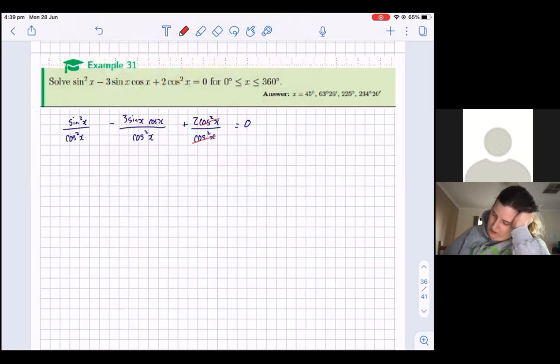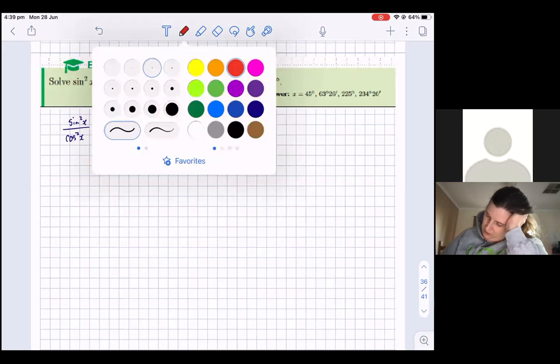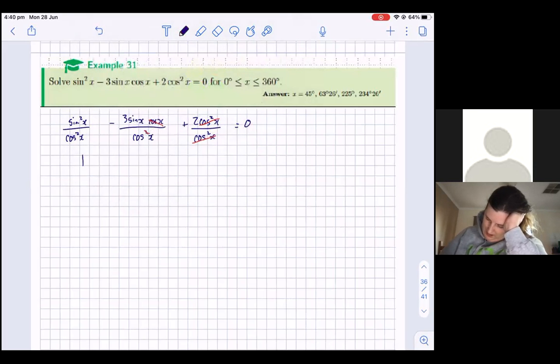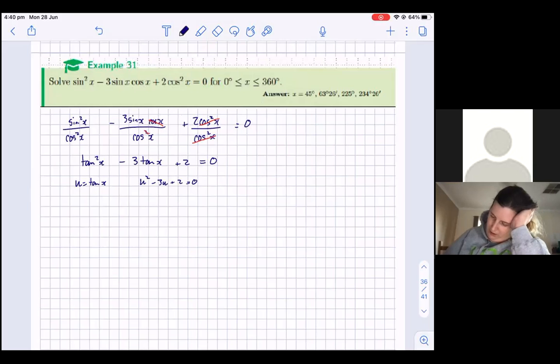I get enough stuff cancelling out. These coses go. That one goes. And sine squared on cos squared is tan squared. So I've got tan squared x, take, sine on cos is just tan, 3 tan x plus 2 equals 0. Now, this is actually a quadratic. You could do u equals tan x: u squared take 3u plus 2 equals 0.